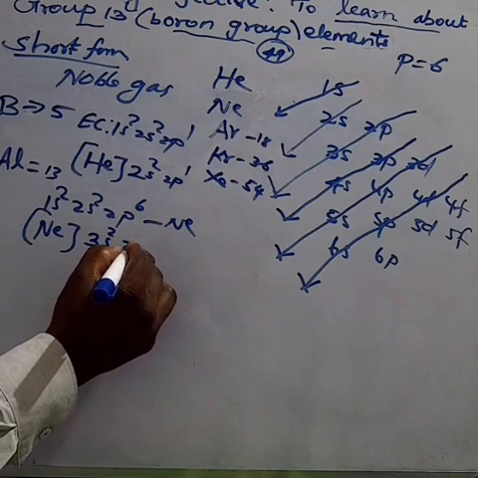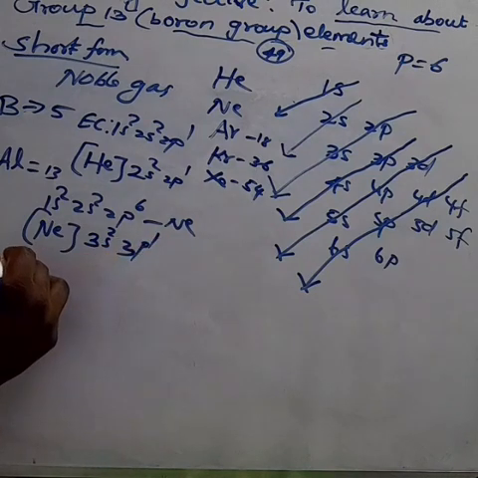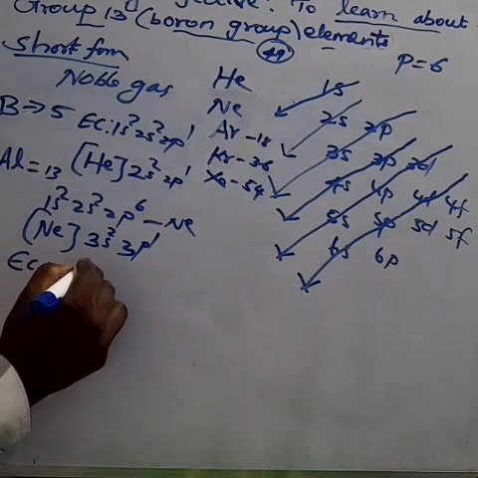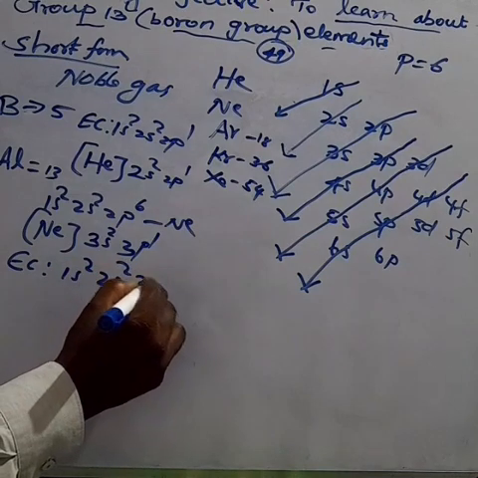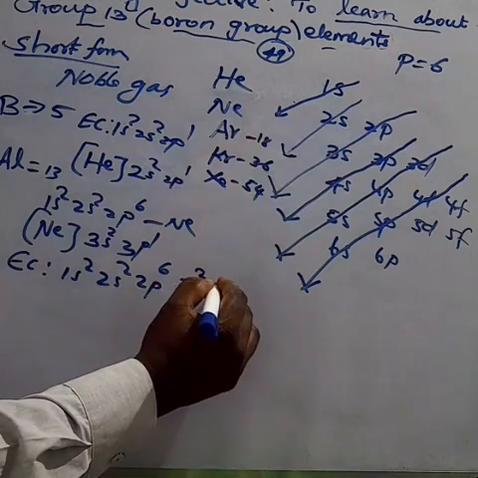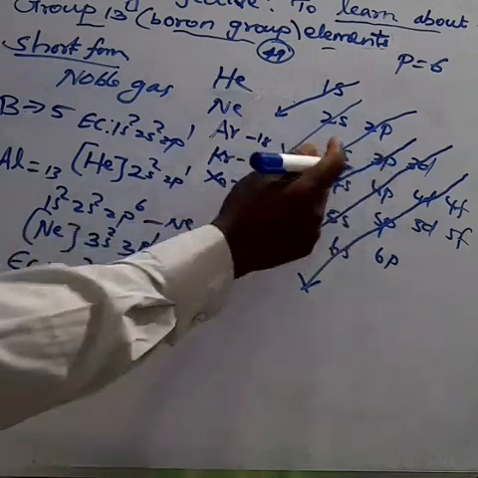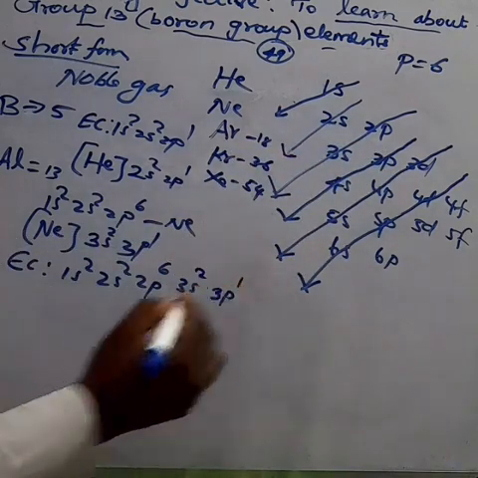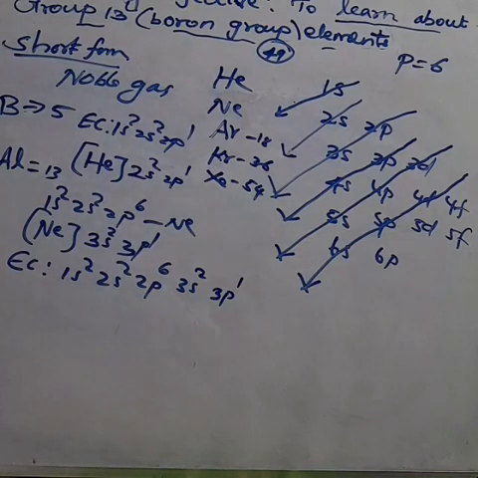Okay. Once again, I am writing the aluminium electronic configuration. It is equal to 1s2, 2s2, 2p6. After completing 2p6, who is the next one? 3s2. After completing 3s2, who is the next one? 3p1. Am I right?